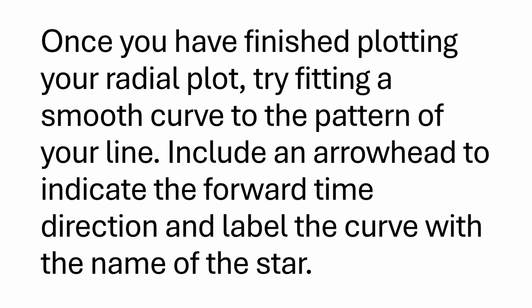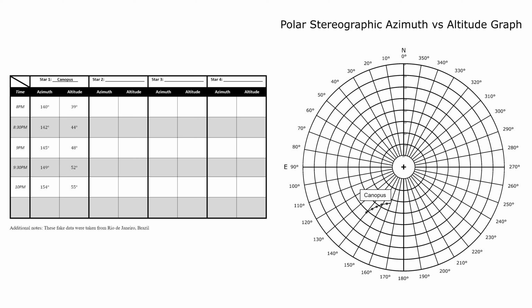You're going to want to include an arrowhead to indicate the direction of forward time and to label the curve with the star name. So this is the star Canopus, and you can see that there is a curve that's going through our data, and the end of the curve has an arrowhead on it indicating that the time is increasing from east to west.